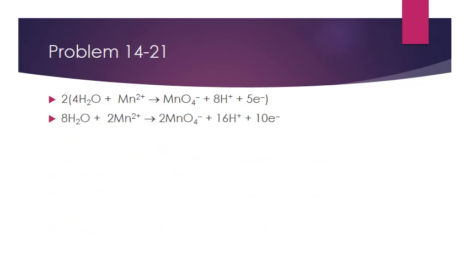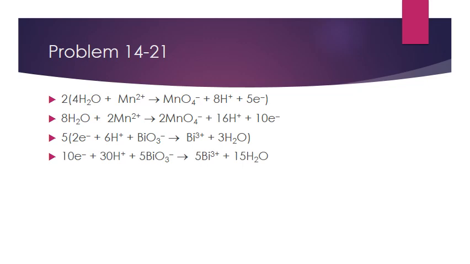Okay, I multiply through everything by 2. The other half reaction, multiply through everything by 5. Now as you work this problem yourself, be sure to take your time. This shows you how to do it, but make sure you go through and do this all yourself.